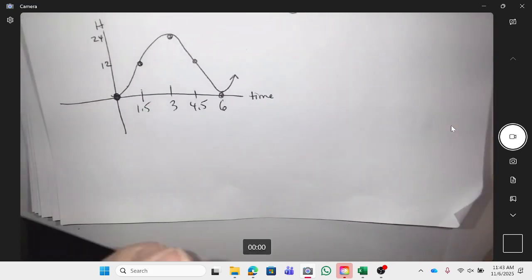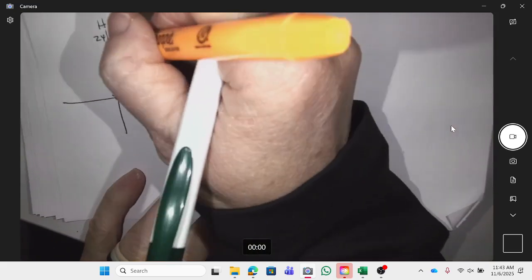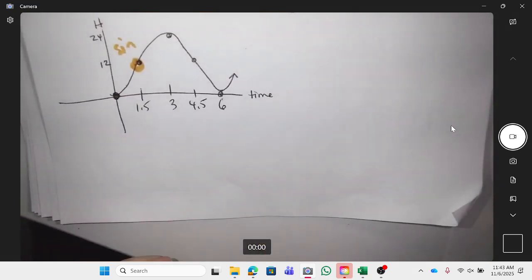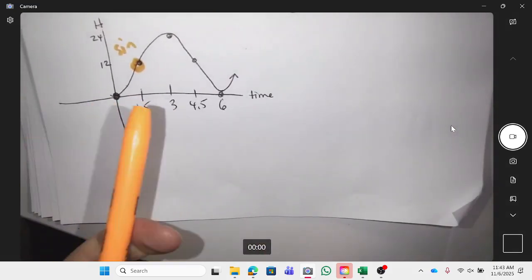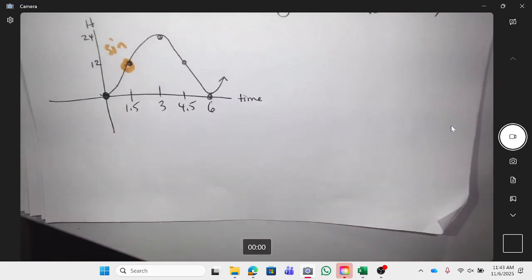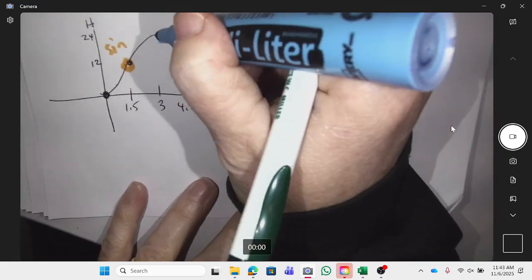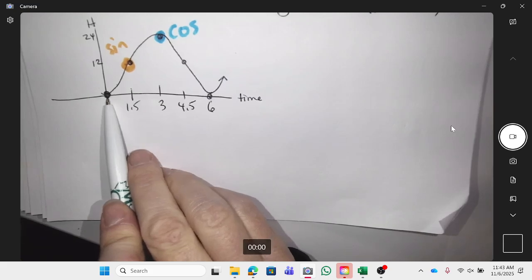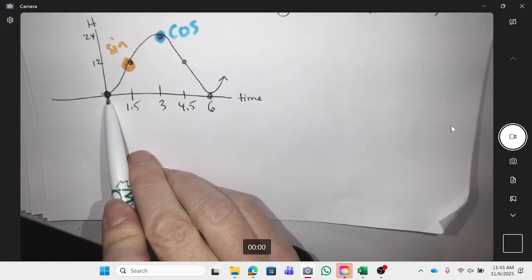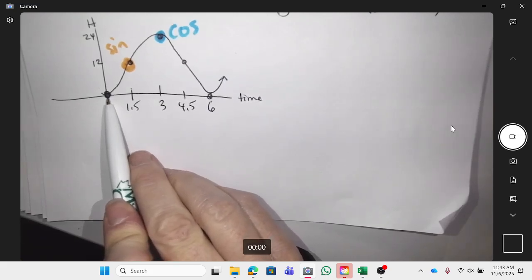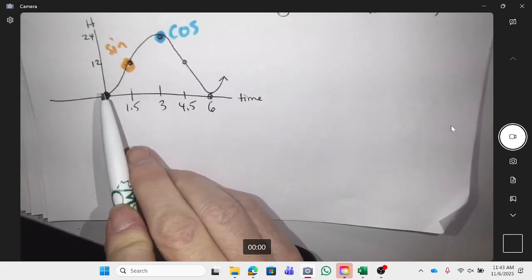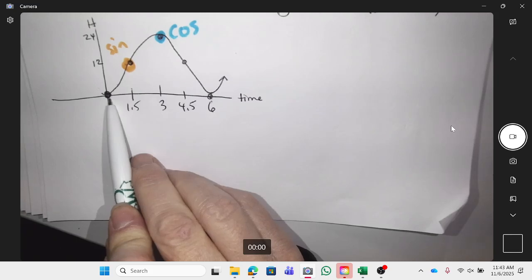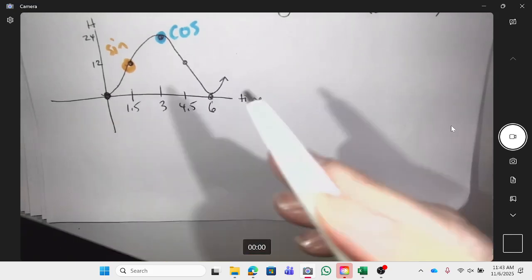If you do sine, you better shift it 1.5, for example. And if you do cos, you better shift it 3. Or you could do no shift, but it would have to be a negative cos. If you did no shift, it's a negative cos then, if you wanted to do that.